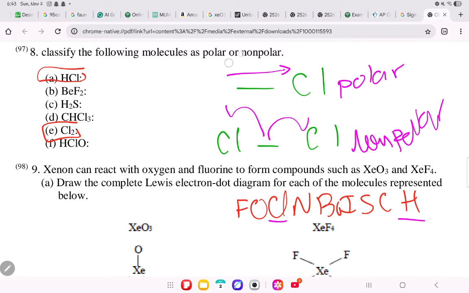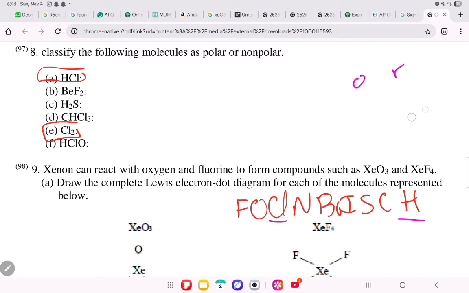So this is for these two shapes. For the rest, we need to discover their geometrical shapes, right? I'm gonna leave that for you guys. We will get this to be AX2. This is AX2E2. This is AX4, and this is AX2E2. Now, out of these shapes, we need to remember what are the symmetrical ones.